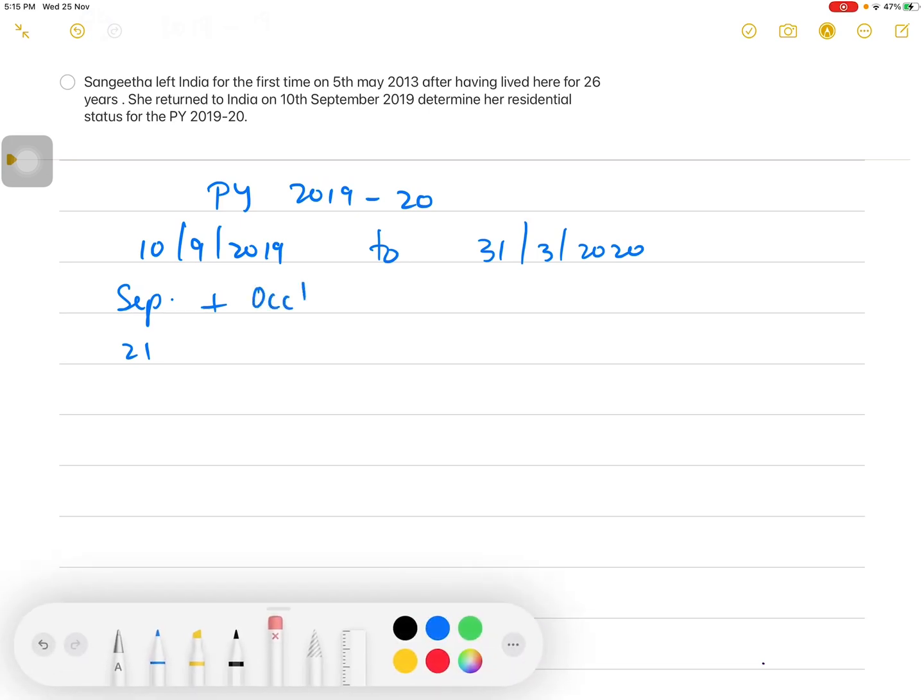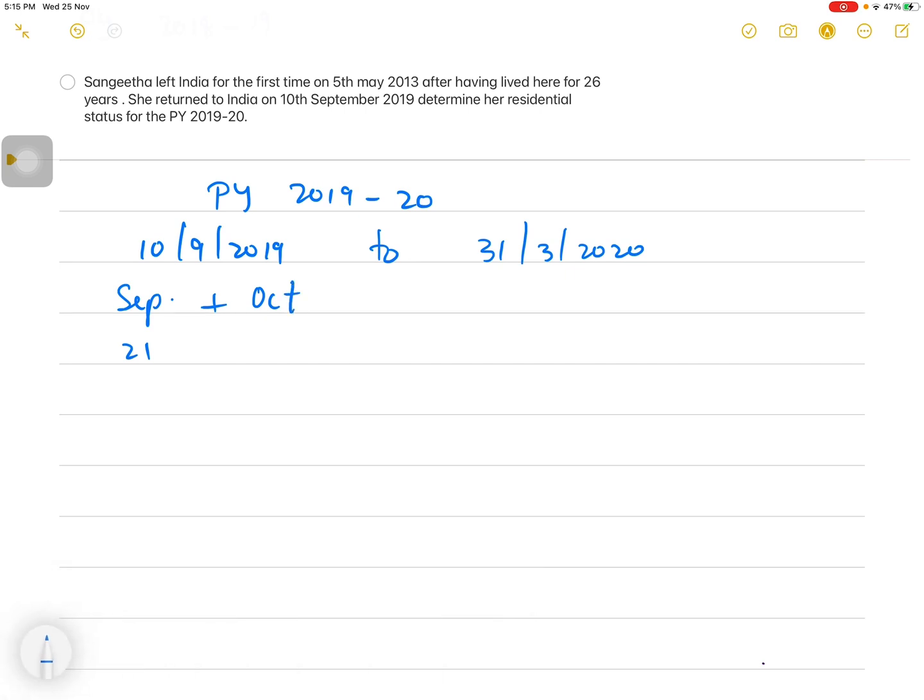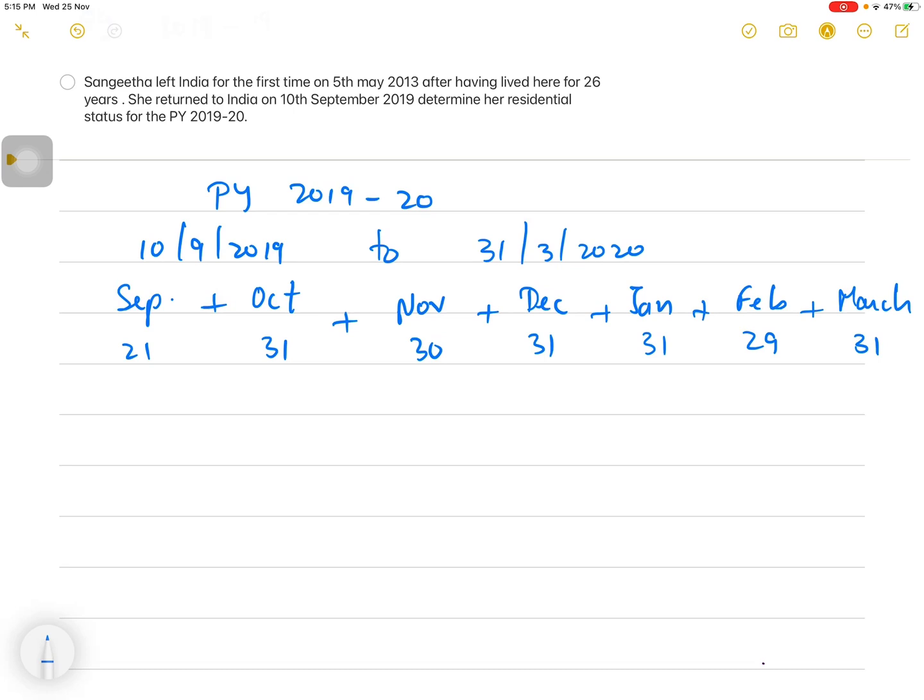October, 31 days. November, 30 days. December, 31 days. January, 31 days. February, because it's a leap year, 29 days. And March, 31 days. When you total, it comes to 204 days. Okay. So her stay in India during the previous year 2019-20 is 204 days. She satisfies first basic condition, therefore she is a resident.